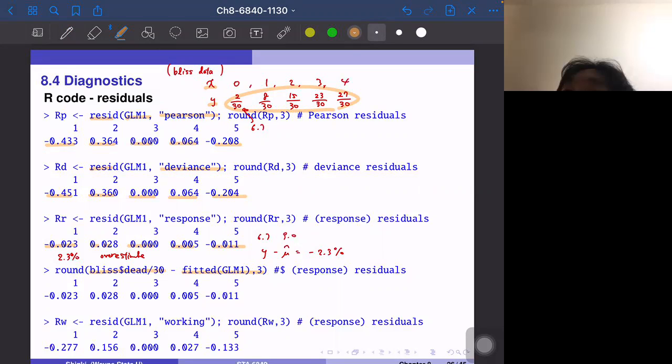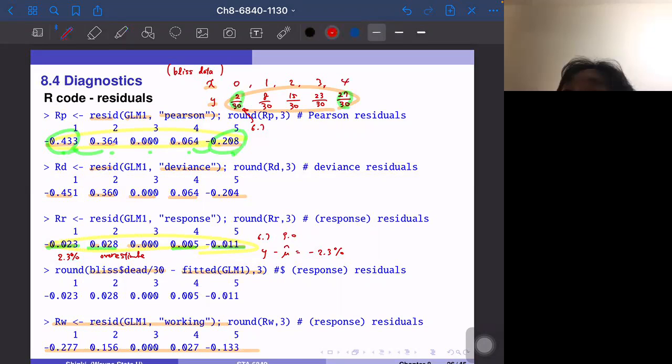The working residual can be obtained this way. Compare the Pearson residual with the usual response residual. You can see that these two numbers are relatively larger in absolute value compared to these ones. This is because for the first and the fifth observations, the fitted values are closer to 0 or 1.